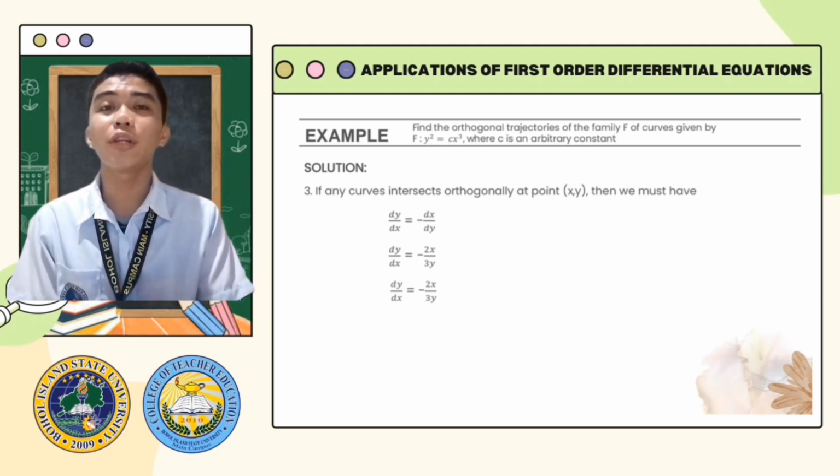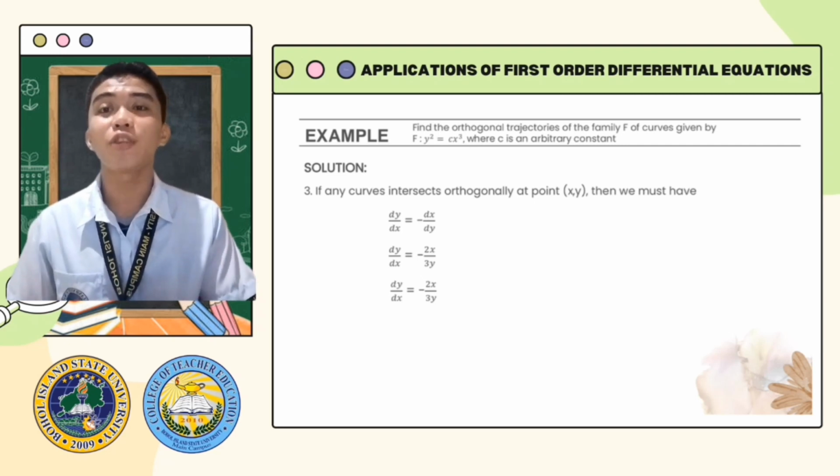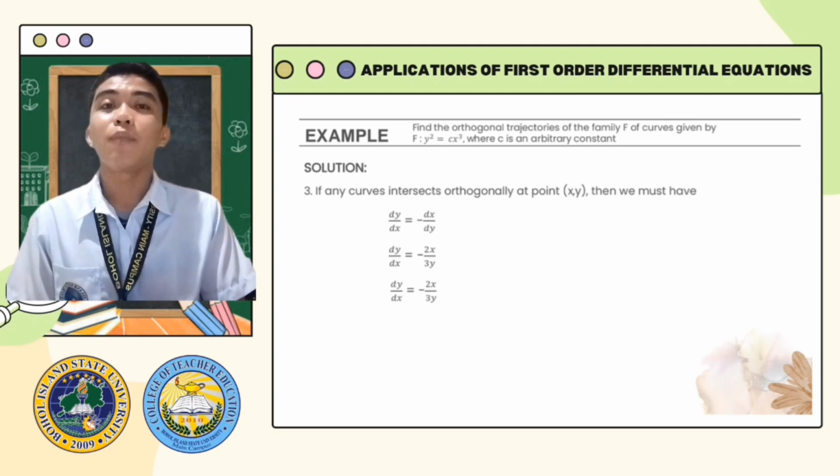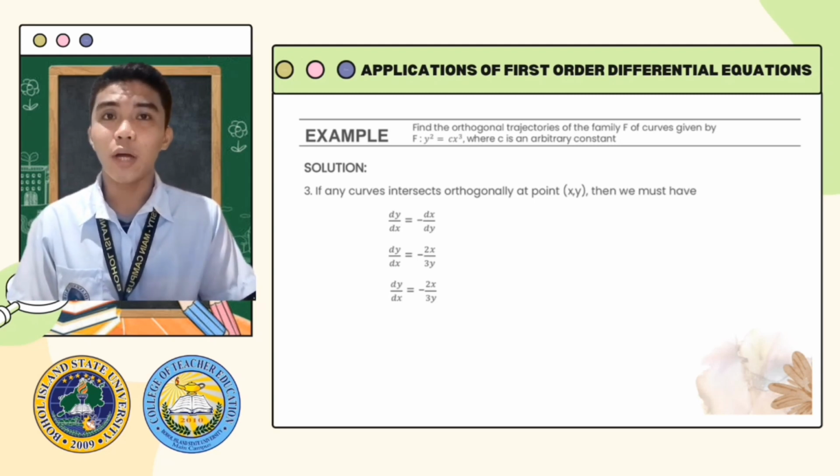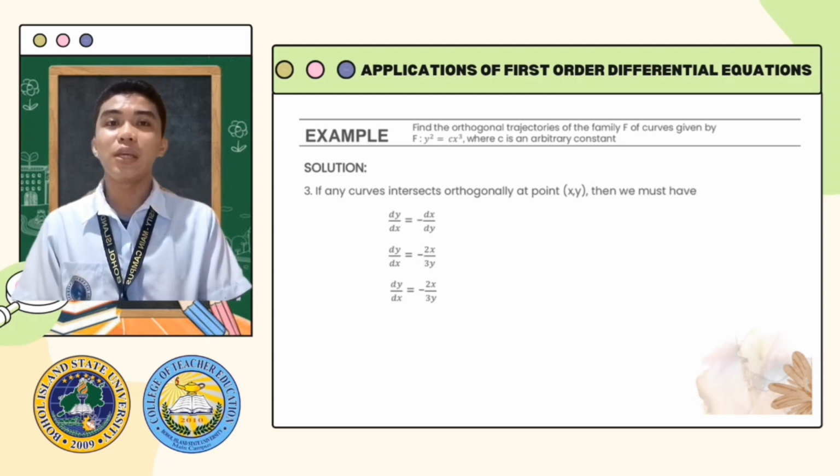Since we have already solved the value of dy over dx, which is equal to 3y over 2x, just simplify the reciprocal of dy over dx. So we get dy over dx is equal to negative 2x over 3y, and that is the value of the negative reciprocal of dy over dx.